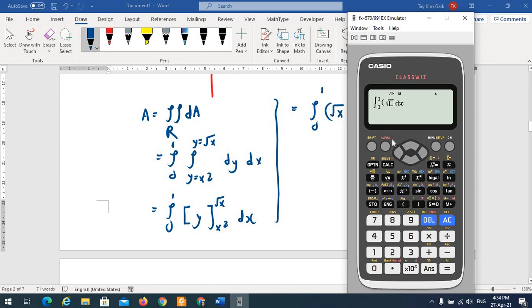Integrate root x minus x squared from 0 up to 1. This is 1/3.